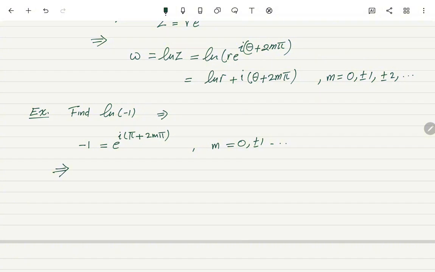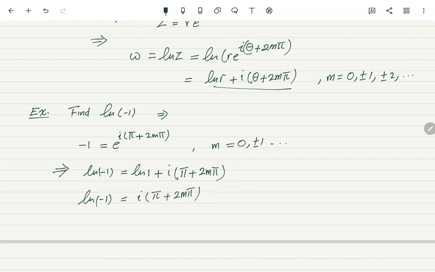Then ln minus 1 equal to, just use this definition here, ln 1 plus i theta, it's pi plus 2m pi, and ln 1 is 0, so ln minus 1 equal to i pi plus 2m pi, and that's it.